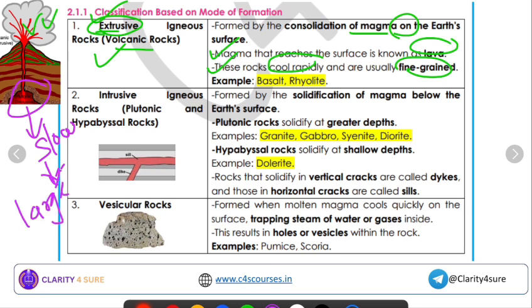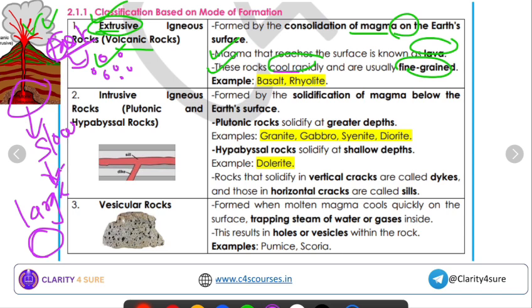It will have enough time to stick together, so it will be large. But in the case of volcanic or extrusive rock, it is cooling in the atmosphere, right? So the process is fast, and because it is fast, it is going to cool down individually, and the grains will be fine. They will be small.